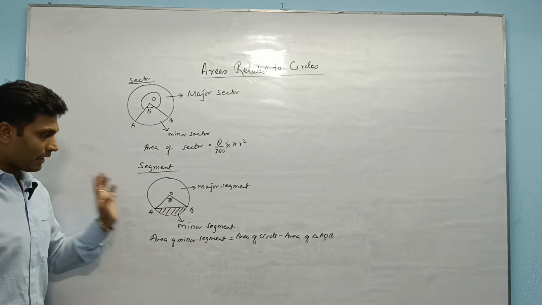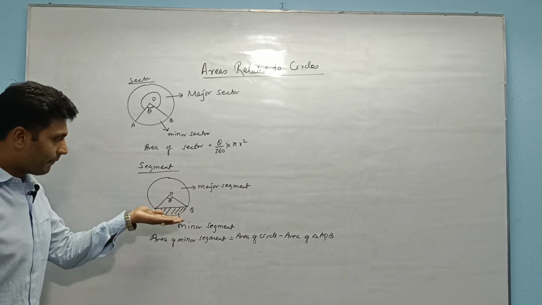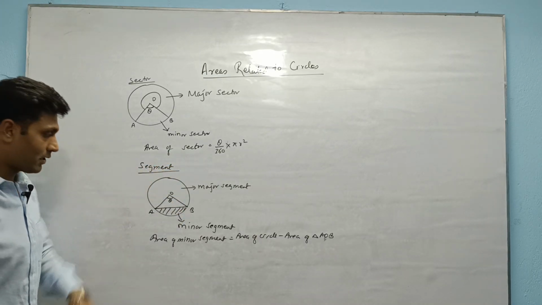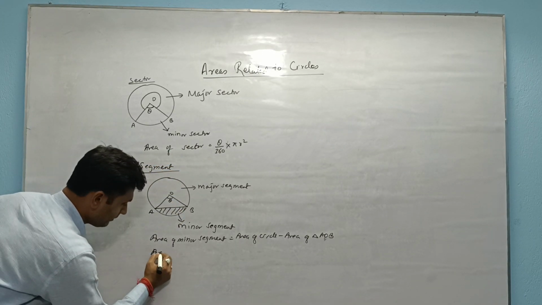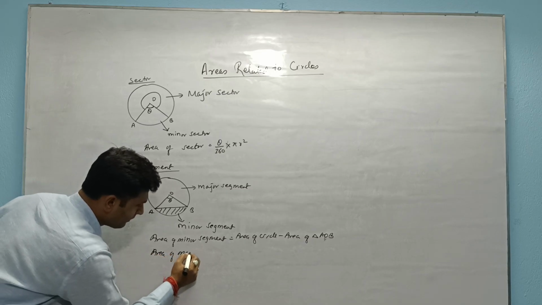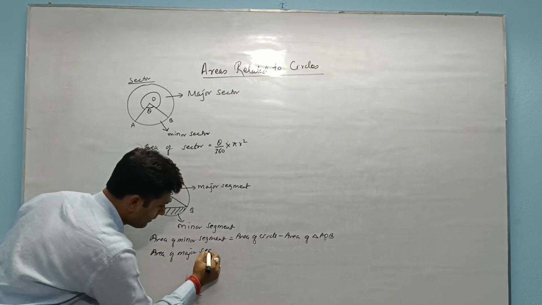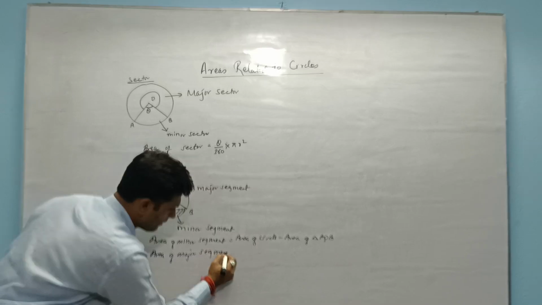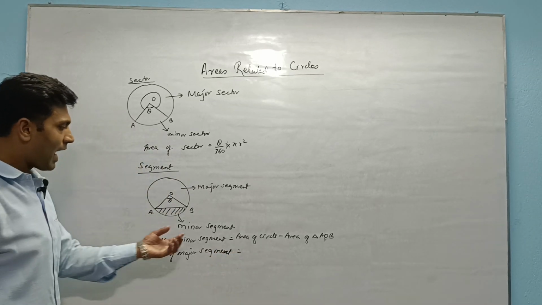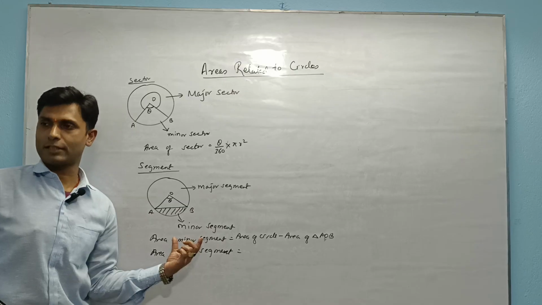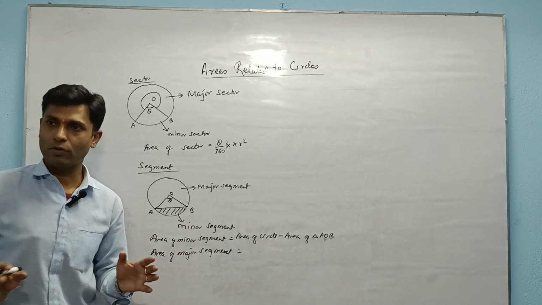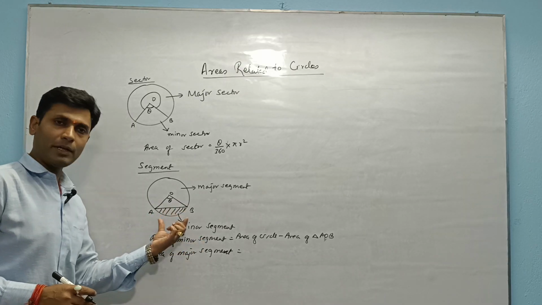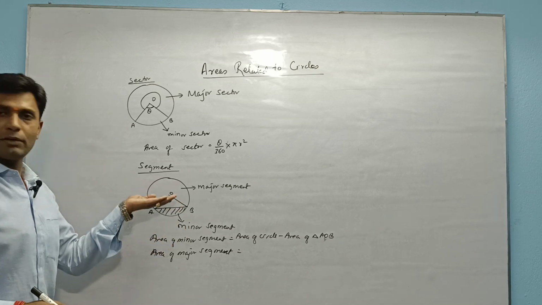Clear? Likewise, if you have to find the area of major segment, see, if we have already got the area of minor segment, then area of major segment will be what?